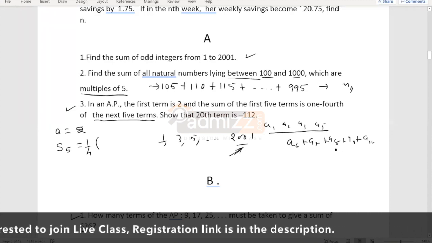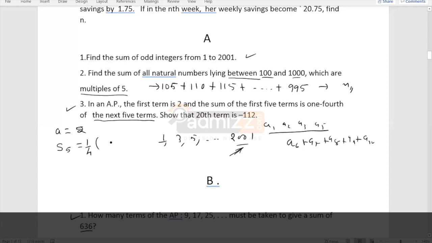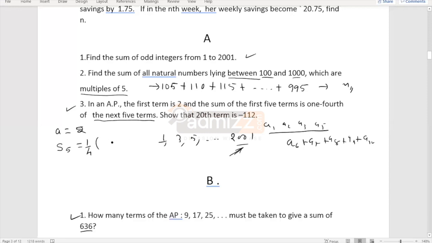But how to write this sum? You can take A1, A2, A3 up to A10, so the next five terms you can write as S10, first 10 terms, minus first 5 terms.